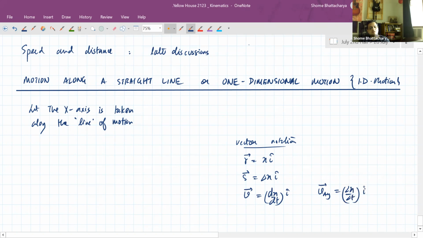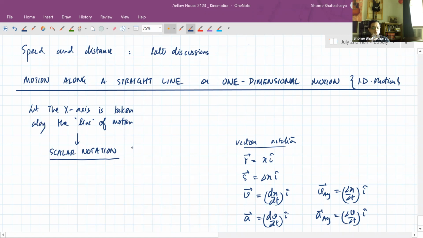So all these things reduce to one-dimensional vectors. So instead of using the vector notation now, we use the scalar notation. These quantities are still vectors only. They're not scalars, but the notation is scalar because they have only two possible directions. So the algebraic sign is enough to give them the direction.